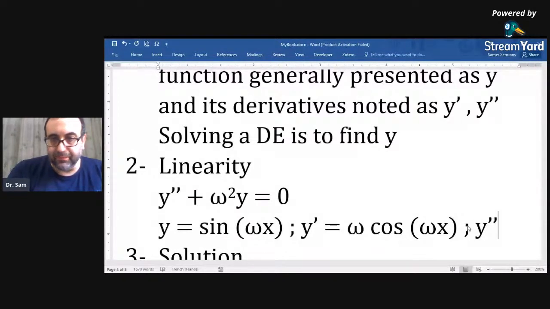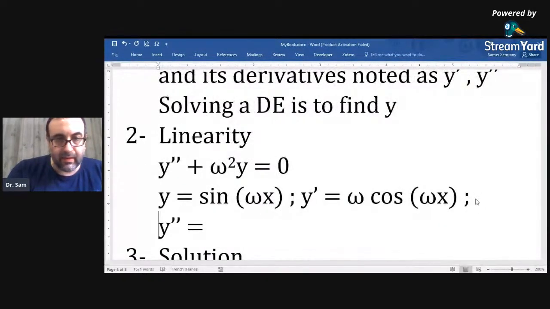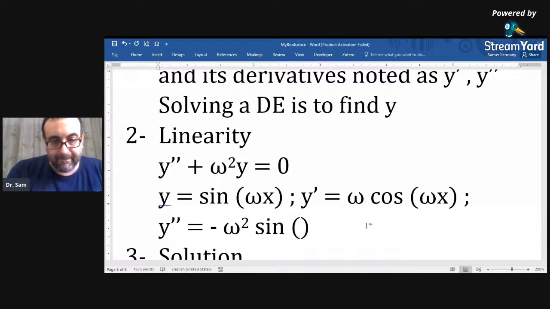And then I can calculate y double prime. It is the derivative of the derivative. So here, omega again is the derivative of omega x, chain rule, and the derivative of cosine something is minus sine. So minus omega squared sine omega x. But what is minus omega squared sine omega x?